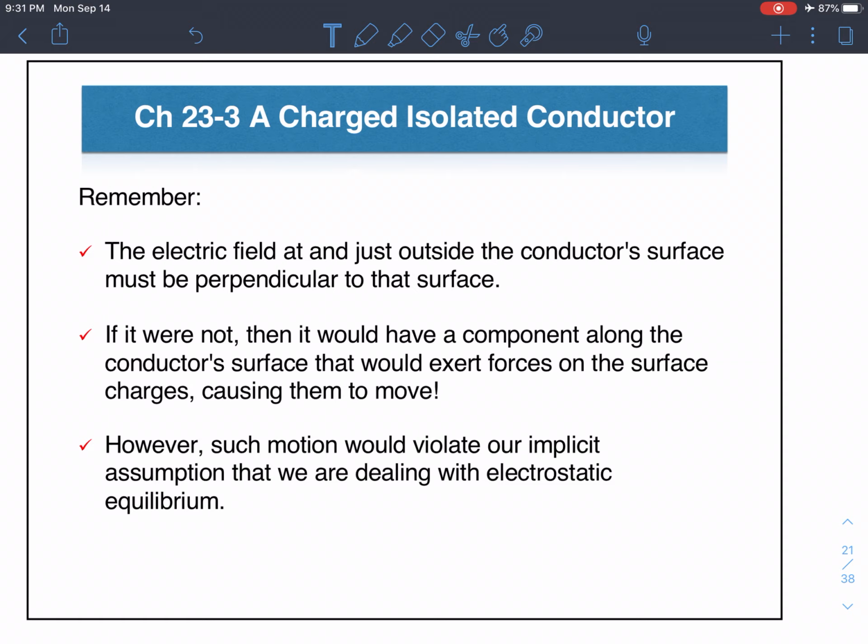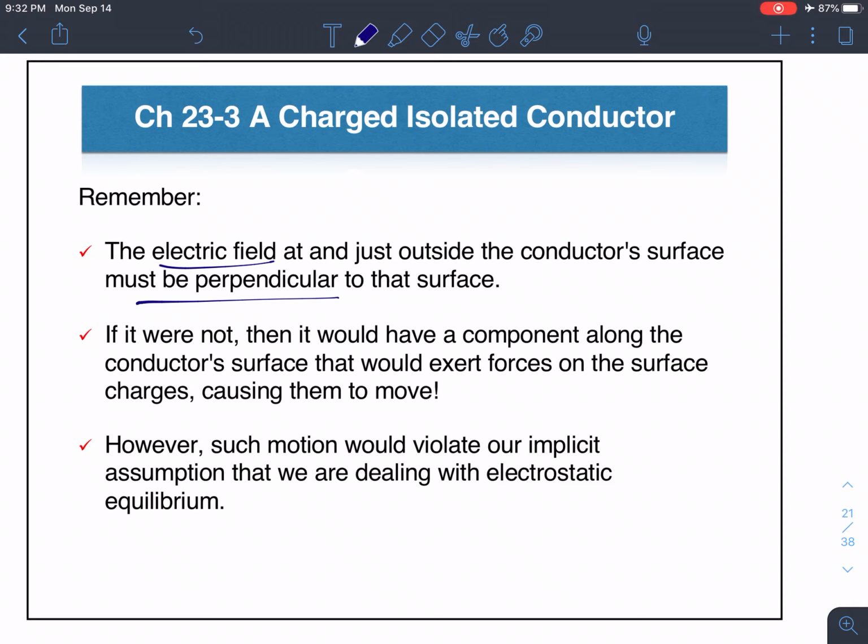And what we're saying is that now the electric field must be perpendicular outside the surface because there's no electric field inside, so the outside part is going to be perpendicular to the surface. If it wasn't perpendicular, those charges which already reached electrostatic equilibrium would move because of that horizontal, or tangential, component on the surface. But they're not moving anymore.